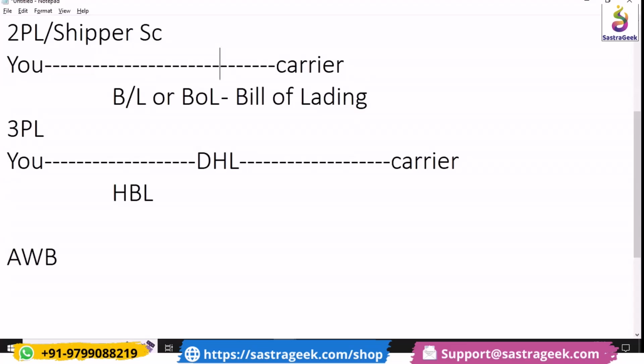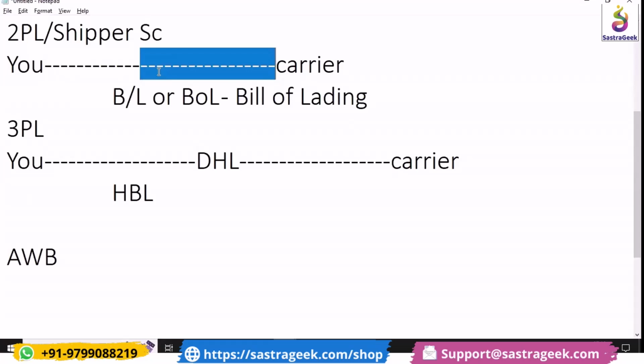Bill of lading, BOL or BL, whatever you say, is nothing but a legally binding document which contains the complete detailing of the product that you're transporting, which you pass on to the carrier so that the carrier can take care of your goods on the way. For example, if you are a manufacturer, you issue a bill of lading to the carrier, and the carrier takes that bill of lading from you containing the complete detailing of the 1,000 products that you are transporting.